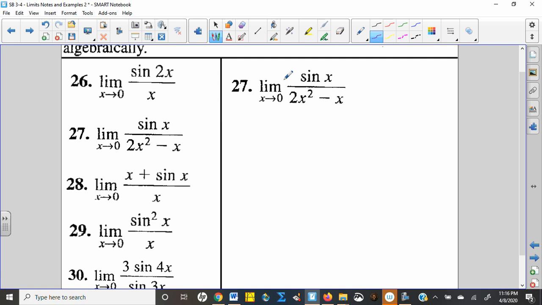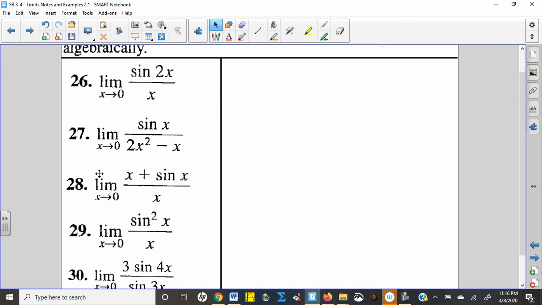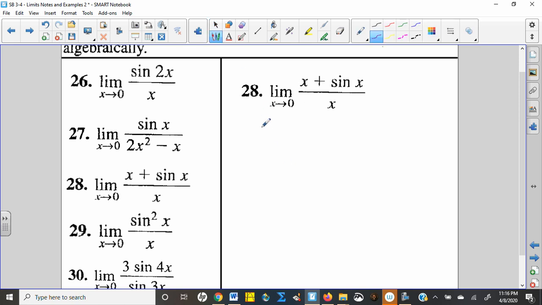Looks like 28 is going to be not separated by division, but rather separated by multiplication, or addition. So not separated by multiplication, but by addition. I'm going to split the fraction, is basically what I'm going to do. So limit as x goes to 0 of x over x plus the limit as x goes to 0 of sine x over x.